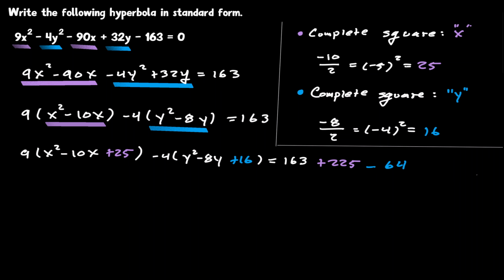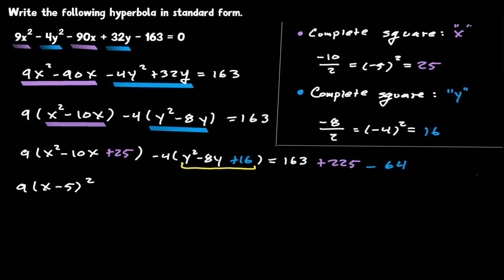Now here's the reason as to why we added the 25 inside the parentheses. Because when we try to rewrite this expression, we can factor it out. We can write this down as x minus 5 times x minus 5. But we are just going to write this down as x minus 5 squared. And the same idea is going to be applied on the y's.